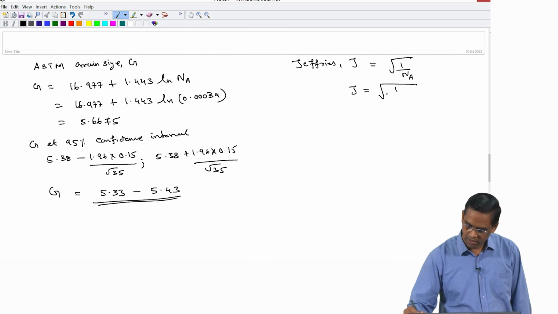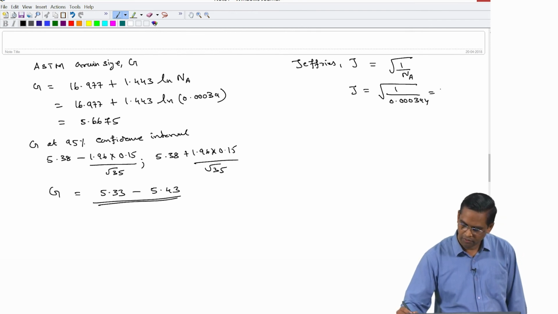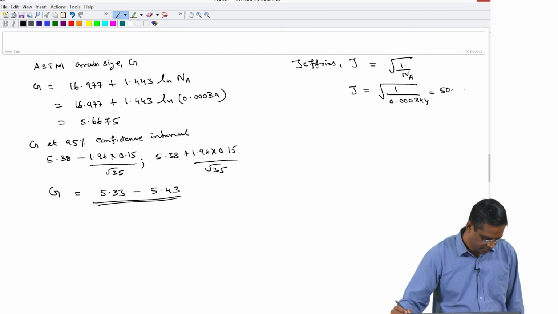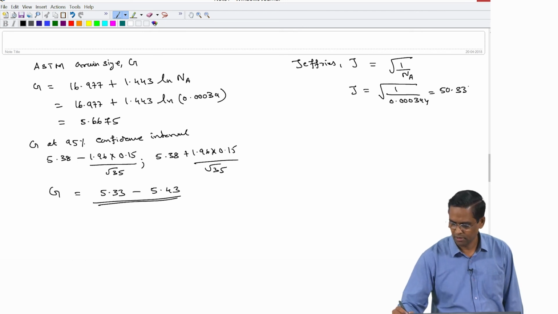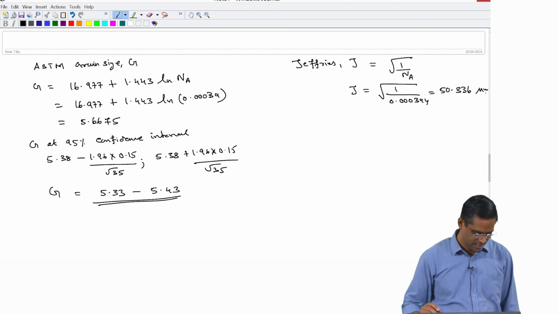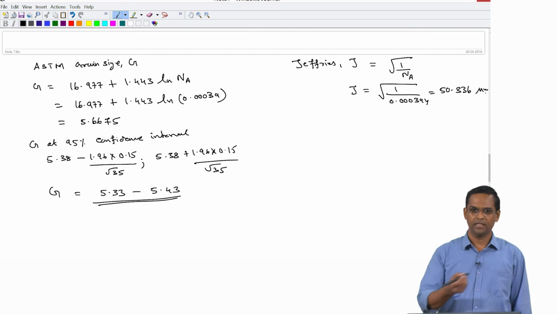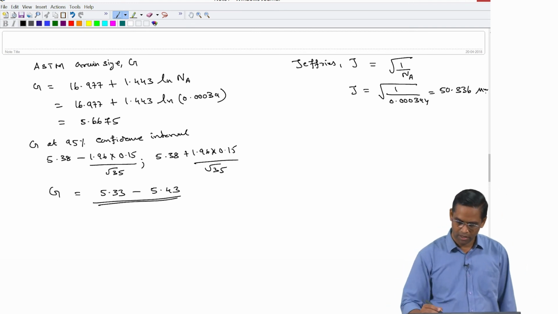I will put this 0.00394, which is nothing but 50.336 micrometer. So, you will get this. So, in a Excel sheet I have populated this for all the 29 counts.